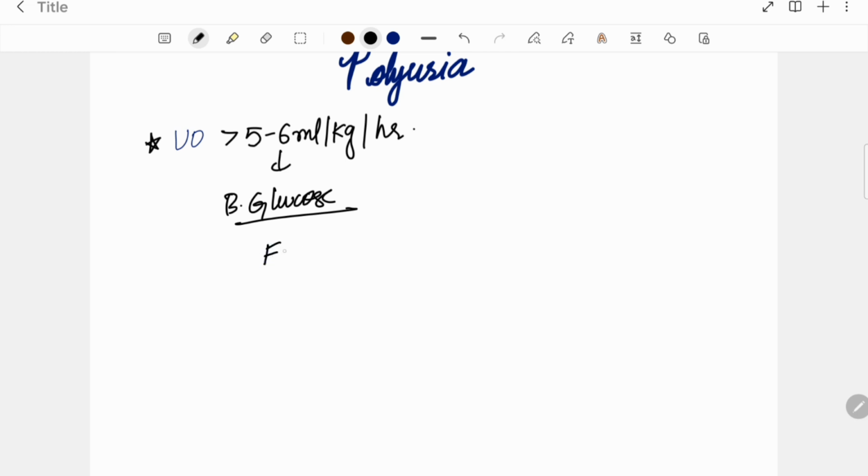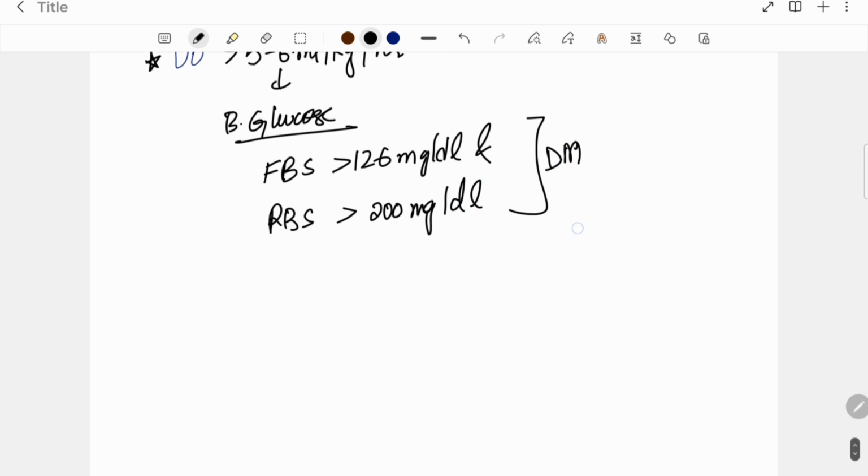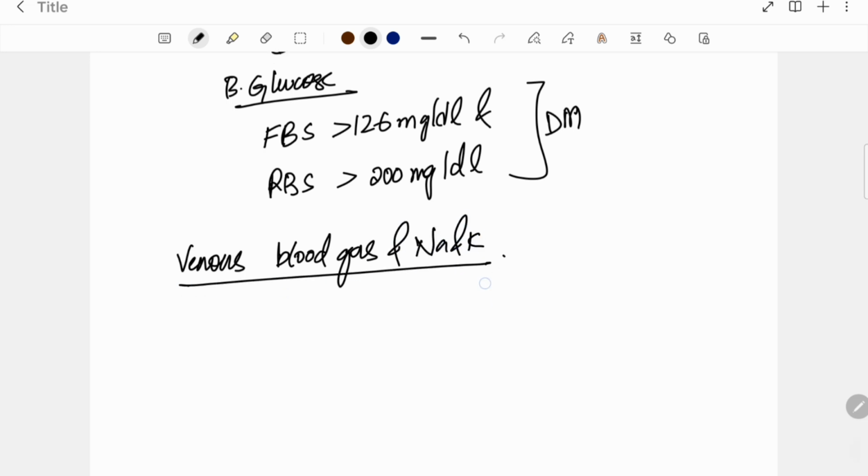If the fasting glucose (FBS) is more than 126 milligram per deciliter, and also the RBS is more than 200 milligram per deciliter, it is termed as diabetes mellitus. The next step, we have to check the venous blood gas, and also the sodium and potassium need to be checked.